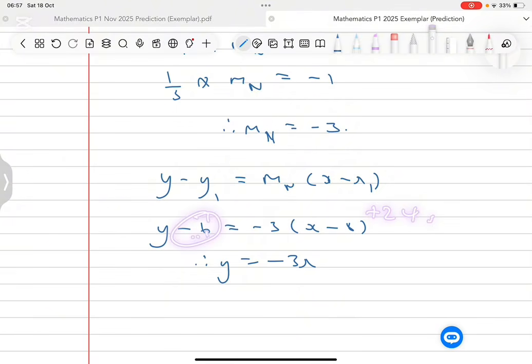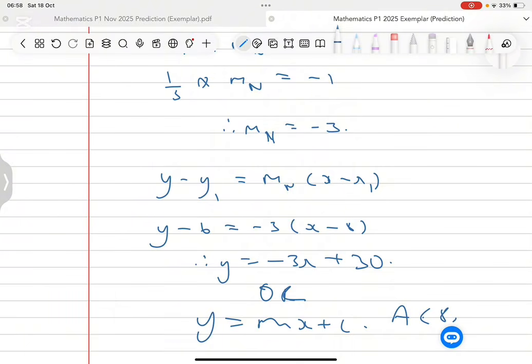Then I'll take this negative 6 to this side so that it becomes a plus 6. And when you say here 24 plus 6, you really should get 30. And that is your equation. You can always use the equation y equals mx plus c and use the same point A, which is 8 and a 6. You should be able to get the same answer that we got here.